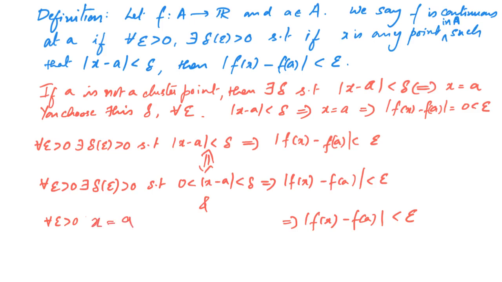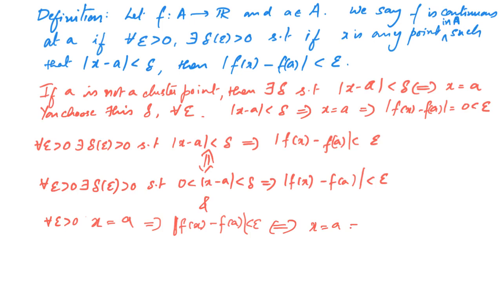So for every epsilon greater than 0, x is equal to a implies that mod of f of x minus f of a is less than epsilon. We can rewrite this as follows. But notice that if for every epsilon mod of f of x minus f of a is less than epsilon, then this is true if and only if x is equal to a implies that f of x is equal to f of a.